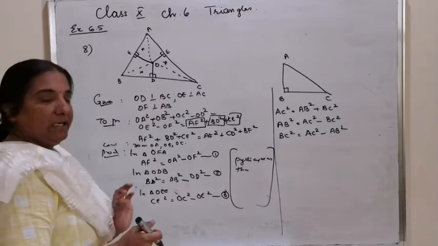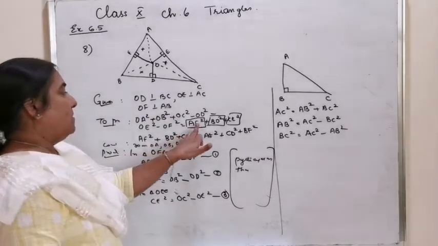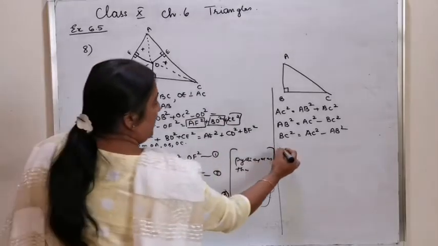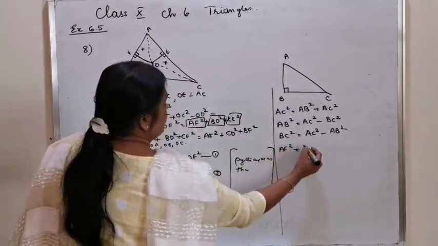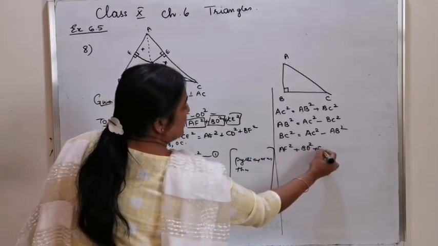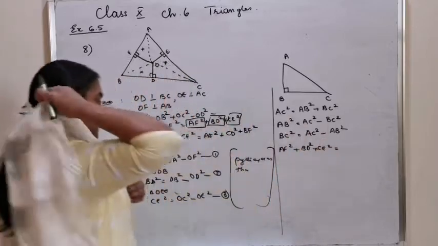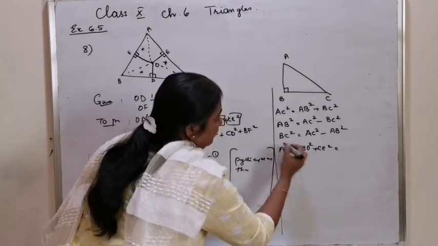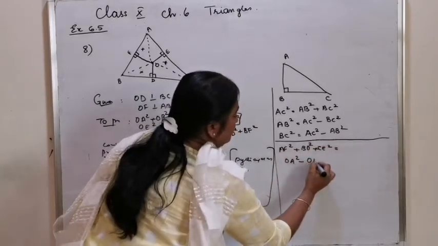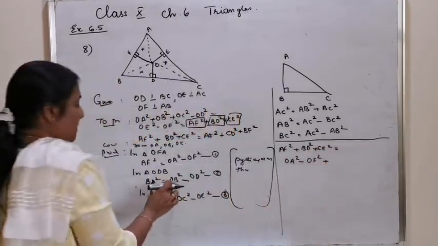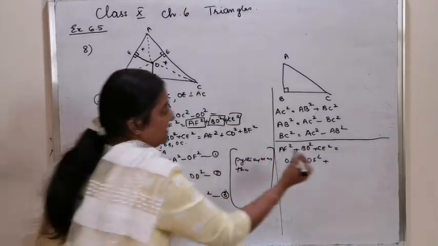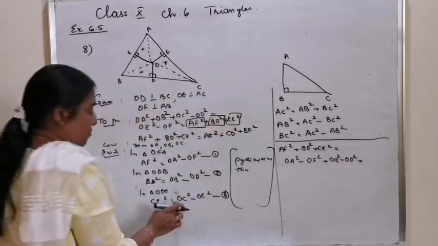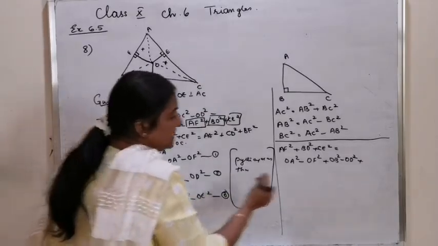And in the question, all these quantities need to be added. That is, AF square plus BD square plus CE square is the same as OA square minus OF square plus OB square minus OD square plus OC square minus OE square.